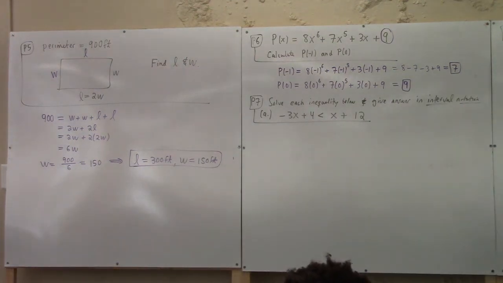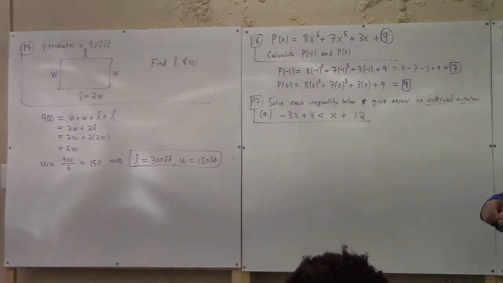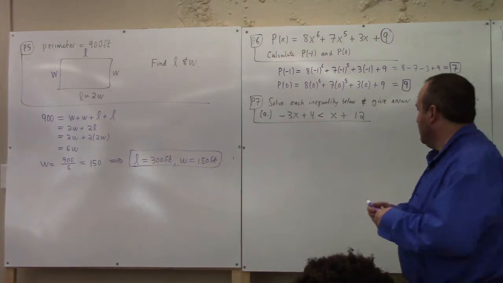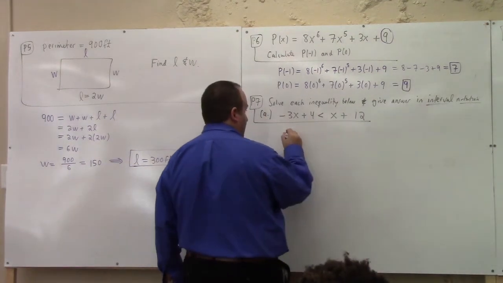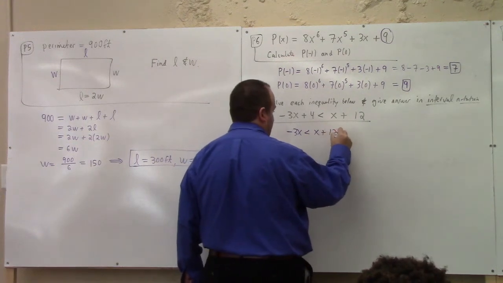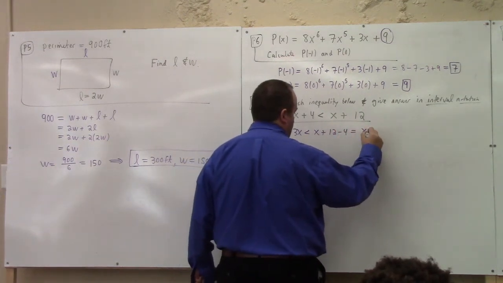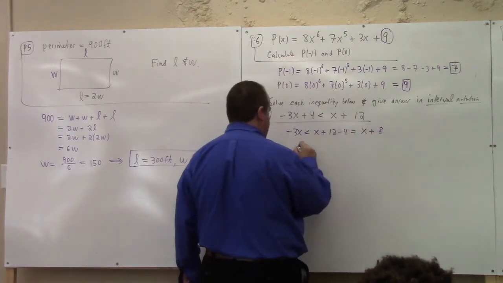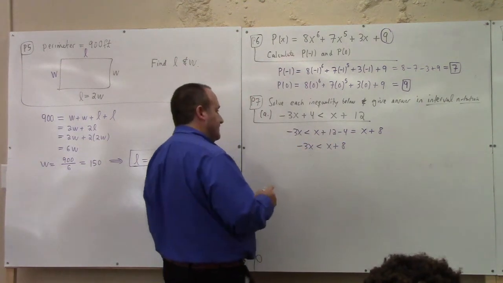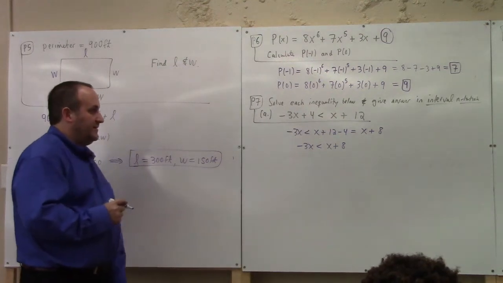So what do you guys want to do? Subtract 4 from both sides. I like that. So that will give us minus 3x is less than x plus 12 minus 4, which is x plus 8. So we've got minus 3x is less than x plus 8. Then what?